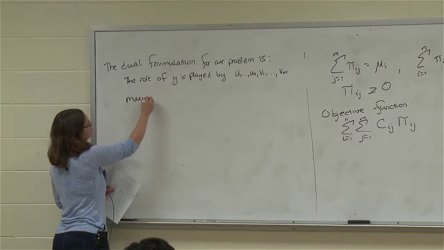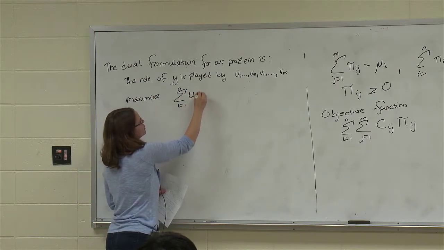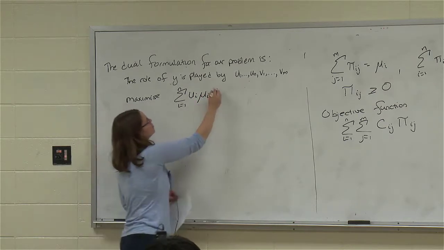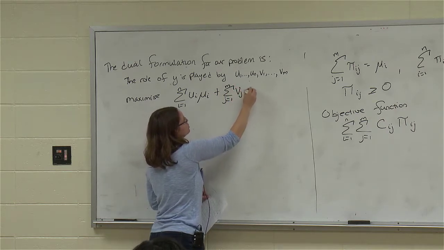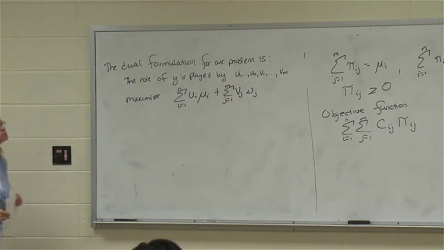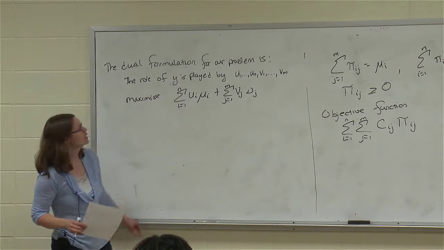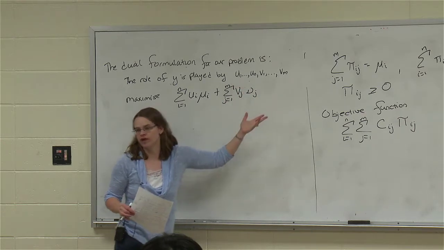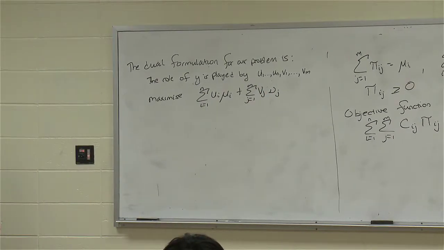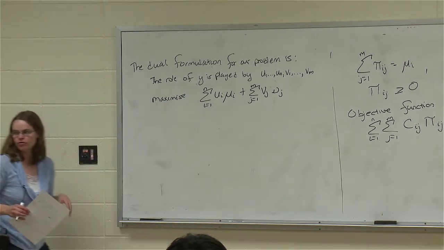We want to maximize the sum from i equals 1 to n of ui times mu i, plus the sum from j equals 1 to m of vj times nu j. Okay, so this is my new objective function. And again, these are totally different variables than the pi's. This unknown is a completely different size than the pi's that I started with, right? Because the original pi I started with has n times m unknowns, and this has n plus m unknowns on it. So it's a different beast.